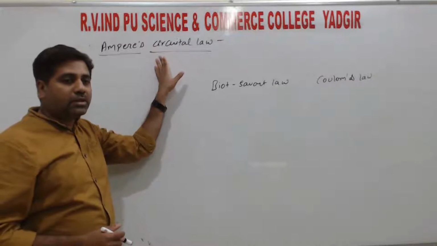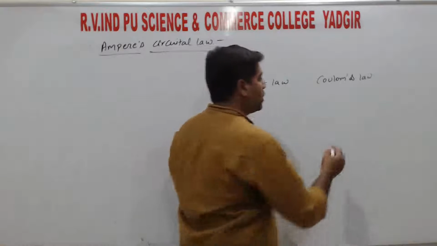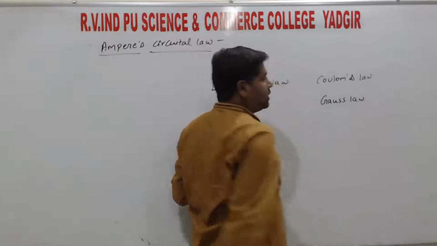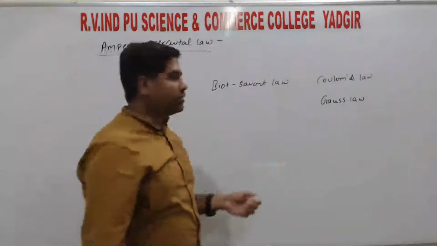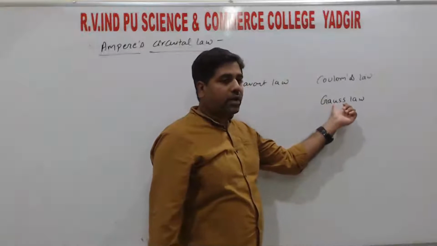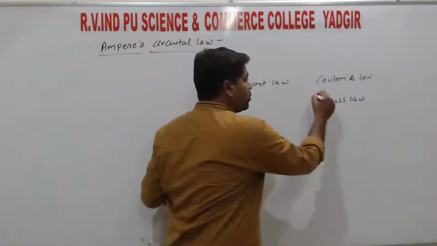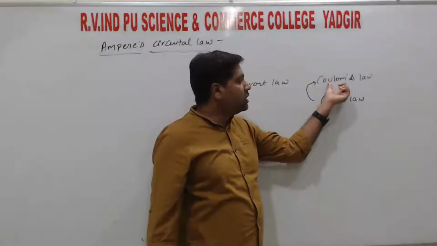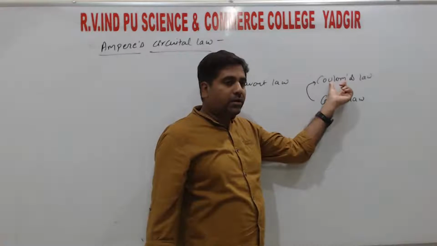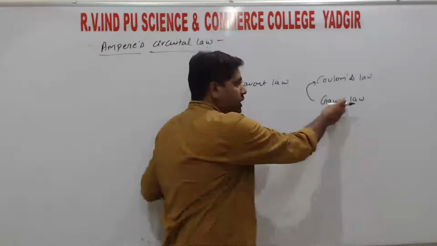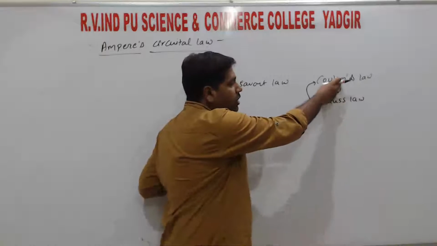This Ampere circuit law is similar to the Gauss law which we studied in the first chapter, electric charges and fields. This Gauss law is similar to the Coulomb's law. By using the Gauss law we can derive the relation of the Coulomb's law, right? Since it is an extension of the Coulomb's law, by using Gauss law we can derive the Coulomb's law.